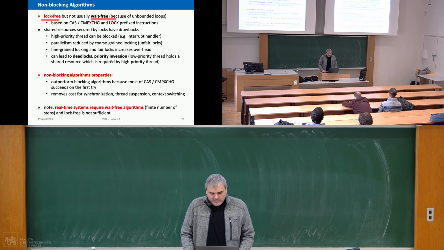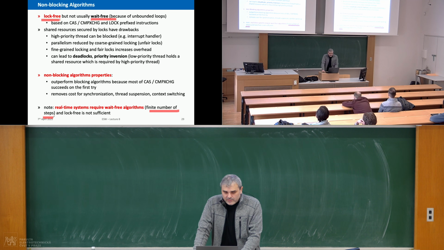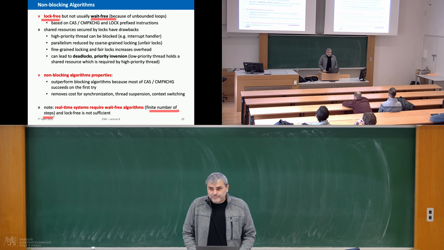Wait-free algorithms, on the other hand, have different properties, saying there is a finite number of steps in which completion of the operation is guaranteed. So lock-free is not sufficient to guarantee a finite number of steps. Wait-free is needed for real-time systems and also for some critical handlers in operating systems, like interrupt handlers.